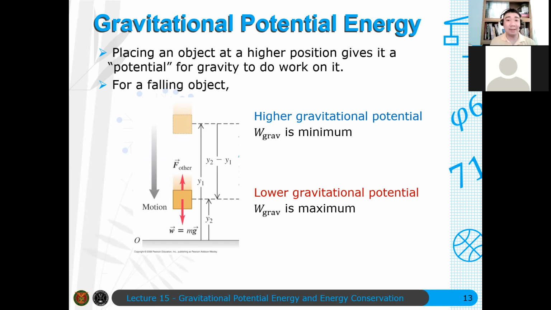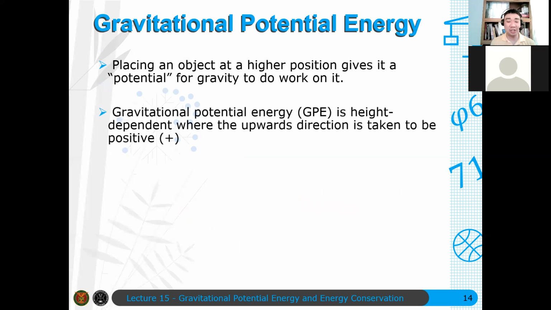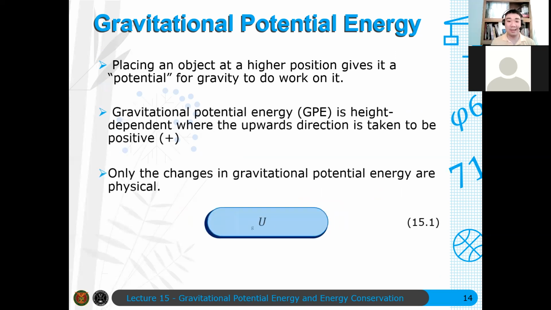Hence, we can define that potential as a sub-energy that is based on the arrangement of two objects. Okay, so in this case, the work done by gravity is positive, and therefore, the potential of that object decreases kasi nga, mas mataas yung potential niya dito gumawa ng work, pero dito, mas mababa na. Hence, the gravitational potential energy decreases. And we can thus define the gravitational potential energy as the formula mgy.